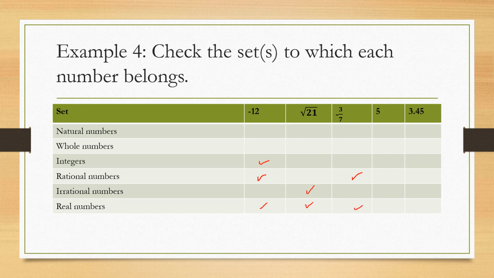What about 5? 5 is a natural number, a whole number, an integer, a rational number, and also a real number. While 3.45 is a ratio, so it is rational and real.